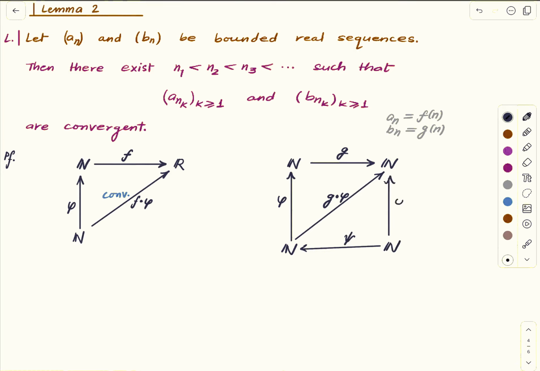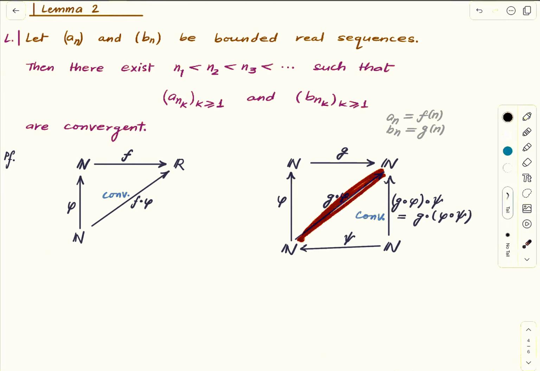So g composed with phi composed with psi, which is of course the same as g composed with phi composed with psi, this is convergent. We have applied Bolzano-Weierstrass to this sequence. But now we can consider the following subsequence of f composed with phi, which is obtained by composing it with psi.